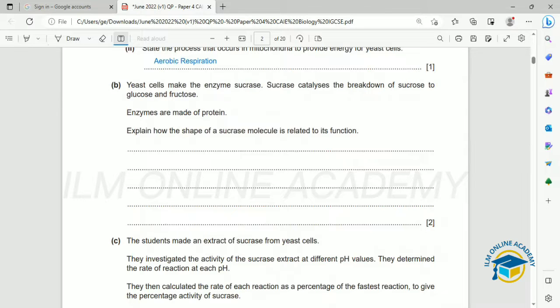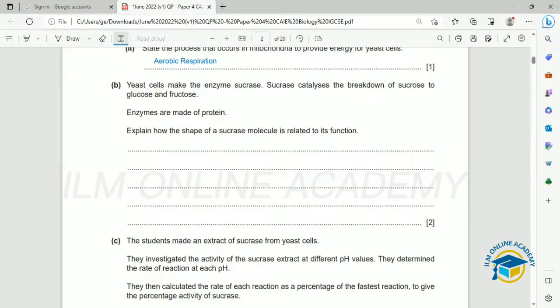Like sucrase, that specifically acts on sucrose. The active site of this enzyme is designed for sucrose to come and bind to it, and that way catalysis takes place and sucrase catalyzes the breakdown of this molecule.